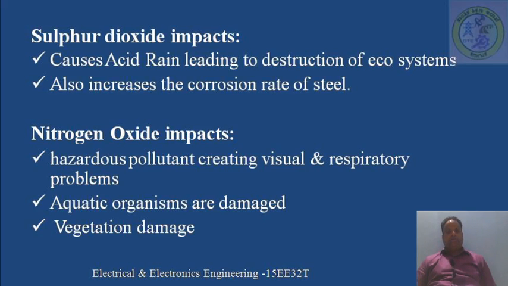The formation of sulfuric acid causes acid rain, which leads to destruction of ecosystems. Acid rain is mainly caused by sulfur dioxide emissions.